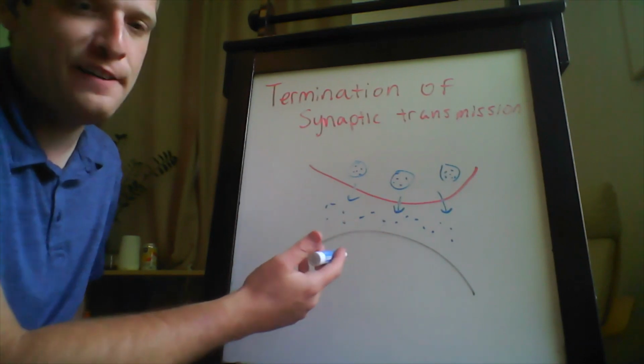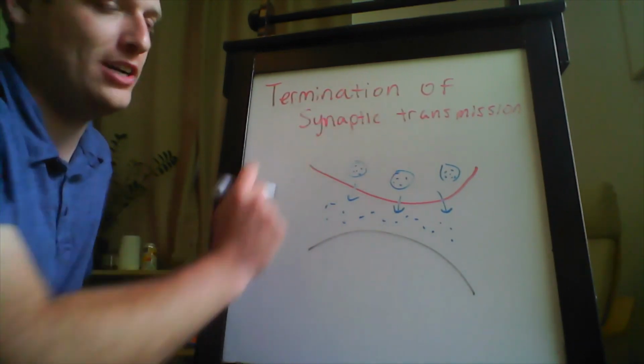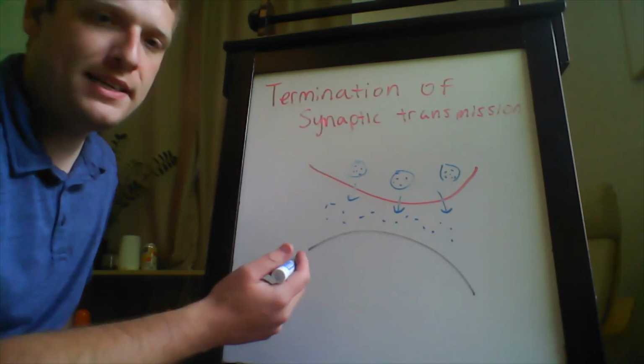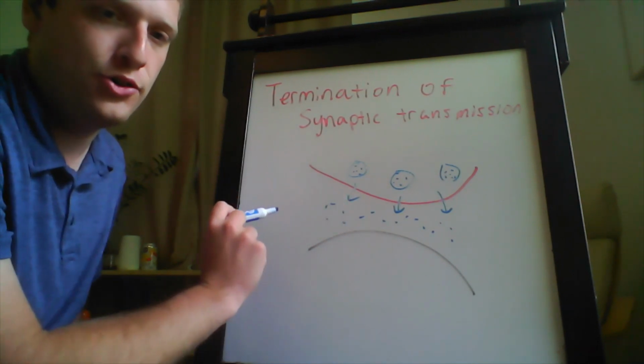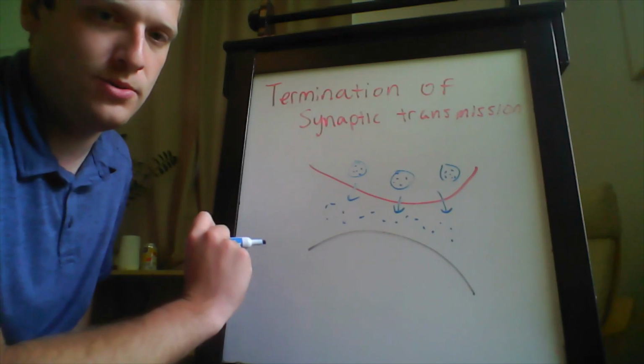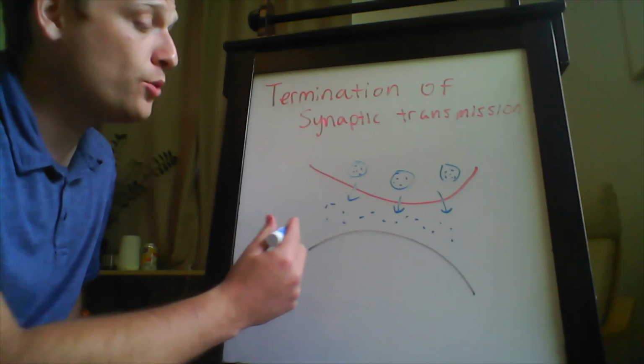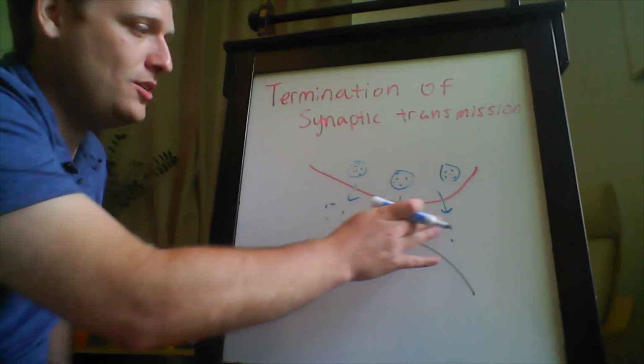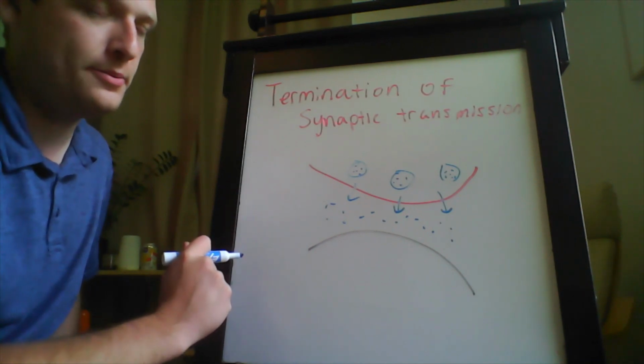But how does that effect come to an end? How does that transmission end? It's based on removing neurotransmitter from the synaptic cleft, this space between the two cells. So in order to stop the transmission, you need to get rid of this neurotransmitter.